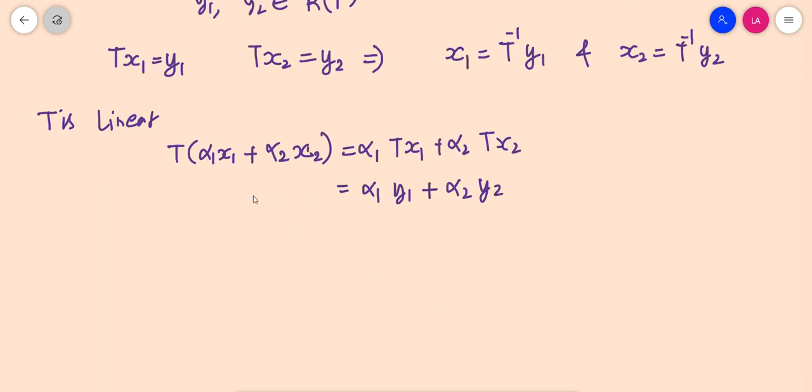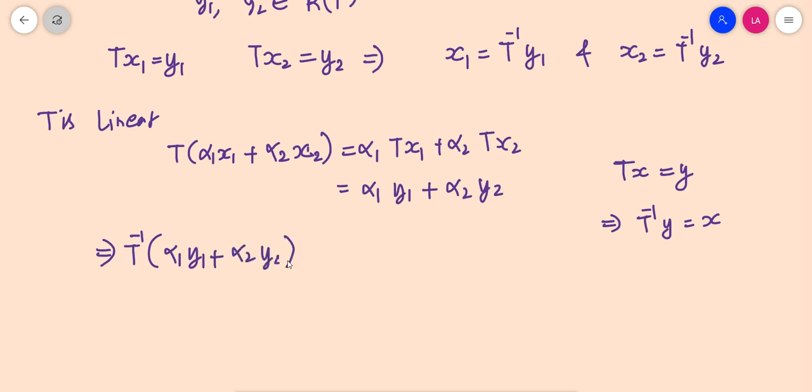So we have, by the property of inverse, T of x is equal to y implies T inverse of y is equal to x. So T of alpha 1 x1 plus alpha 2 x2 is equal to alpha 1 y1 plus alpha 2 y2 implies T inverse of alpha 1 y1 plus alpha 2 y2 is equal to alpha 1 x1 plus alpha 2 x2.